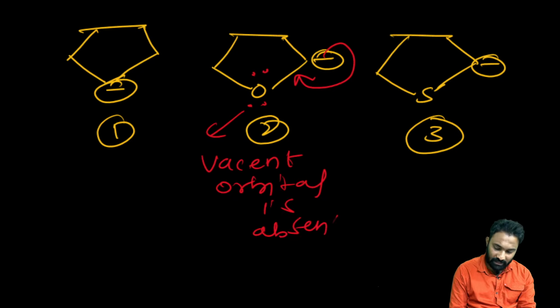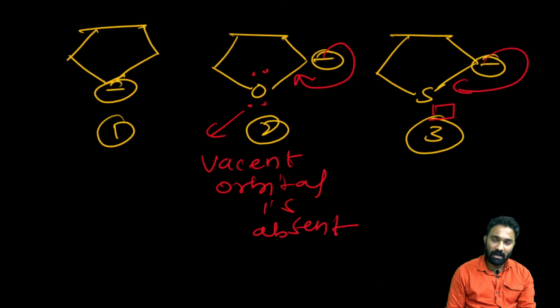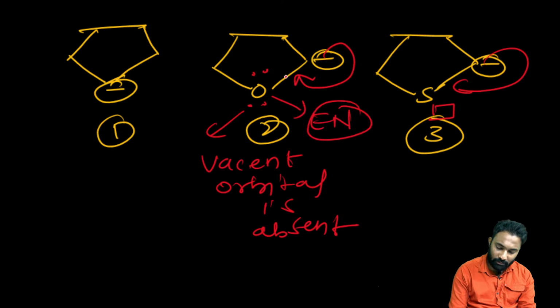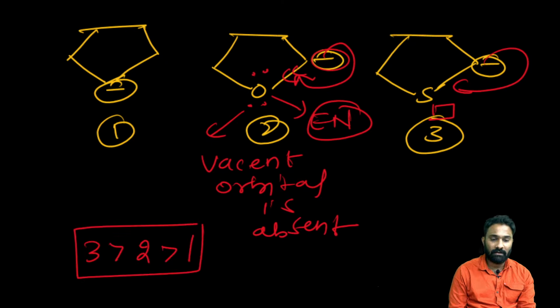Due to the oxygen vacant orbital being absent, now the sulfur, due to the presence of vacant d orbital, this negative charge will be delocalized. No empty orbital, but only due to the electronegativity, it will stabilize this carbanion. Here there is no electronegative element. So the answer will be 3 greater than 2 greater than 1. This is very, very important.